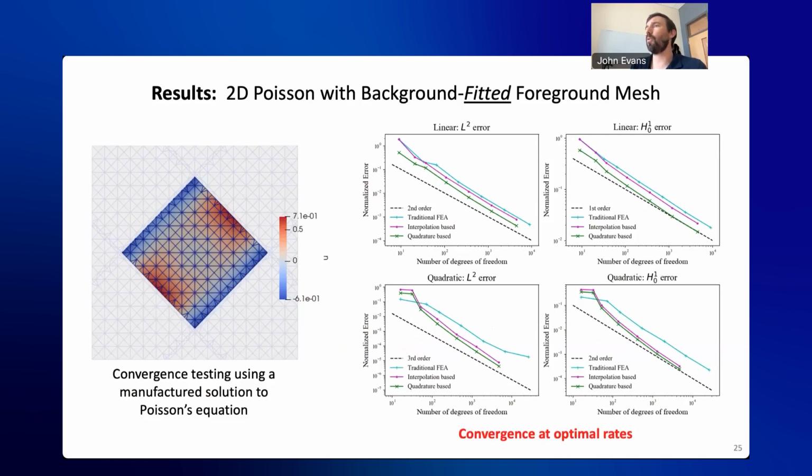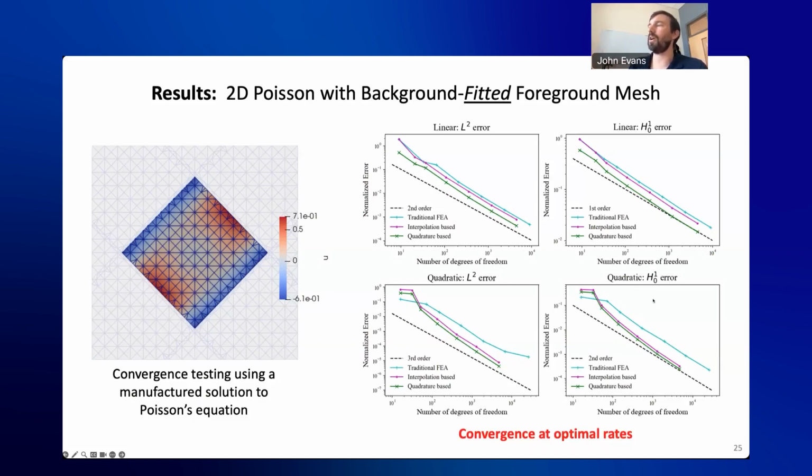So how does this perform? Here's just a simple example of 2D Poisson with a background fitted foreground mesh. In these plots, we're looking at L2 error for linear and quadratic discretizations versus number of degrees of freedom respectively. And on the right, we're looking at H1 semi-norm error for linear and quadratic.